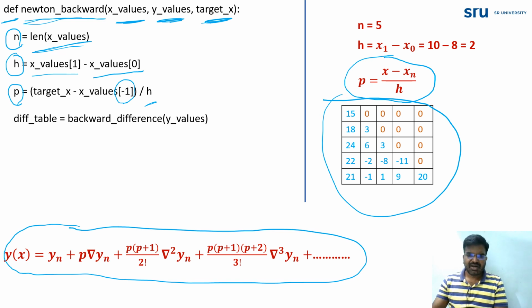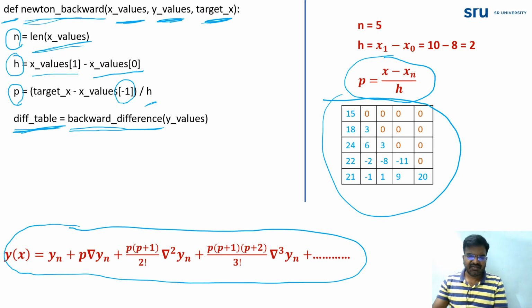Now we are calling the table here. The table is generated with the name backward differences. We are calling the table with its name and saving it with another name, that is difference table.